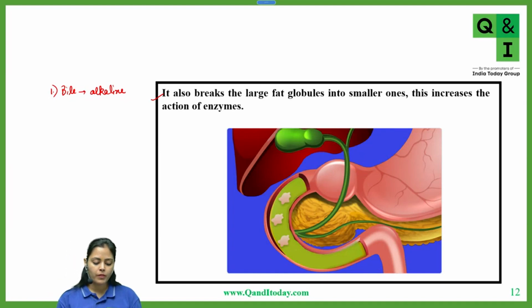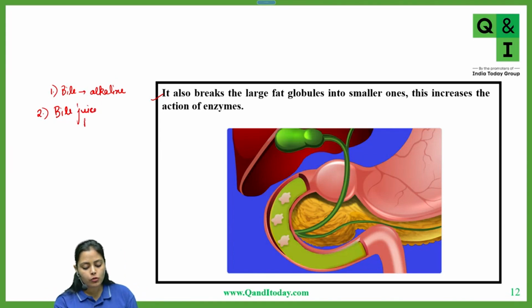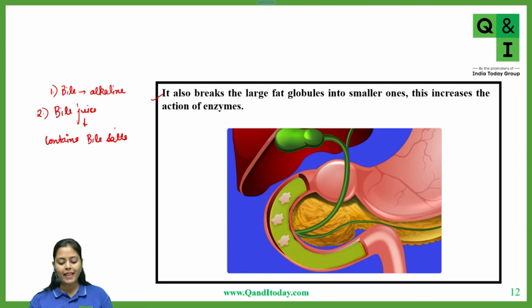Now, apart from this function of making the food alkaline, the bile juice also contains bile salts. These bile salts will break the large fat globules into smaller ones.